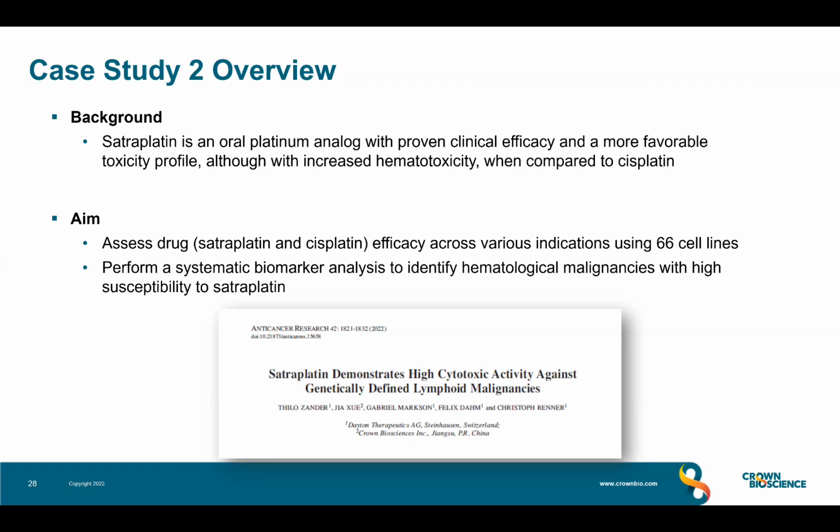In this study, we assessed satraplatin and cisplatin efficacy across various indications using 66 cell lines, and most importantly, performed a systematic biomarker analysis to identify hematological malignancies with better response to satraplatin.